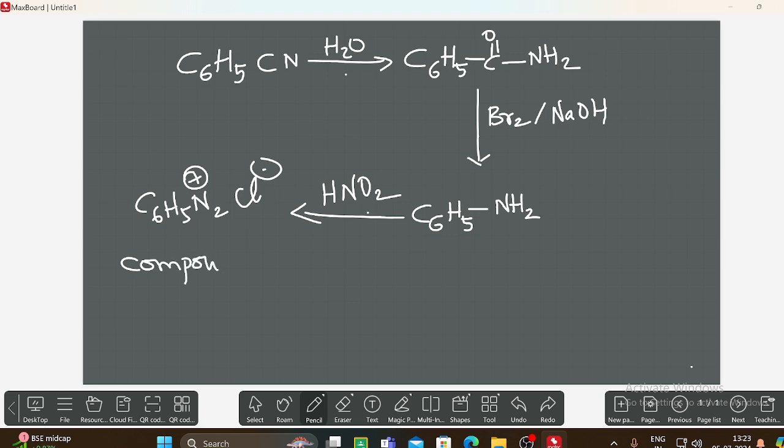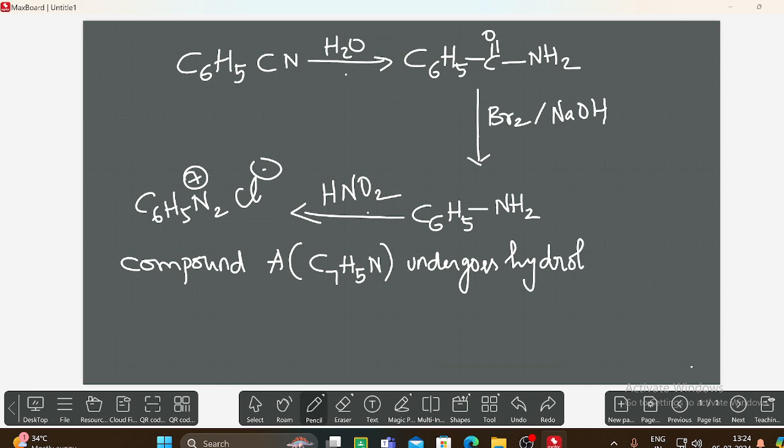Compound A, with the formula C7H5N, undergoes hydrolysis, gives compound B.